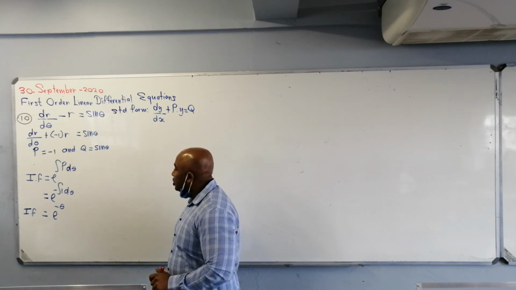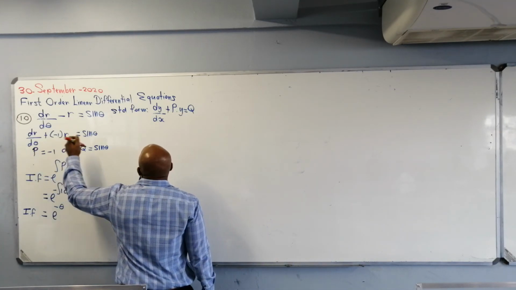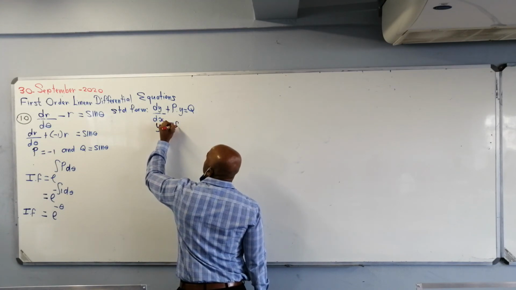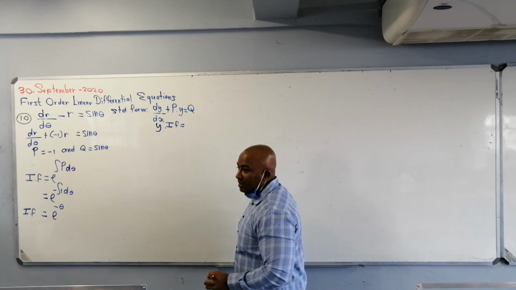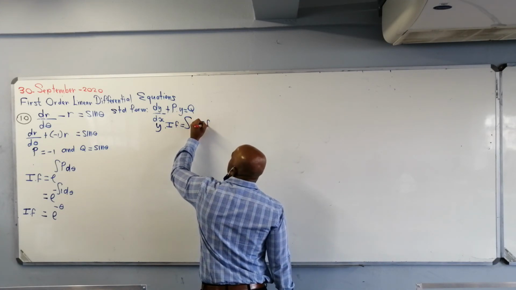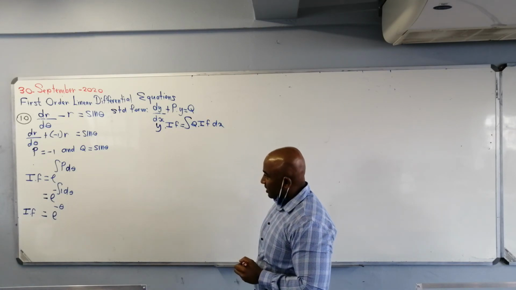Now we will substitute into the formula. So your formula is normally y times the integrating factor is equal to the integral of q times your integrating factor dx.